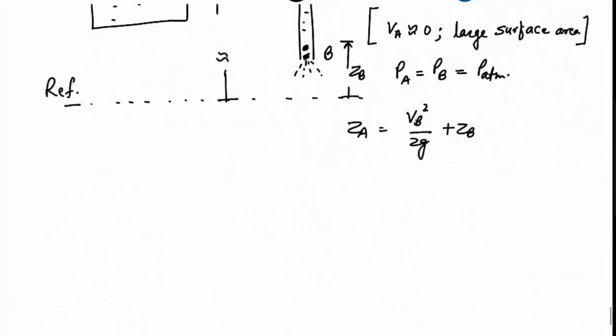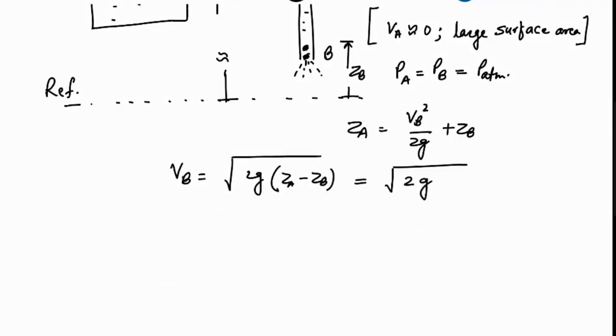Now from here I can write VB is equal to the square root of 2g times (ZA minus ZB). That is the difference in the Z coordinate, let's call this delta Z. So this is the velocity at point B.